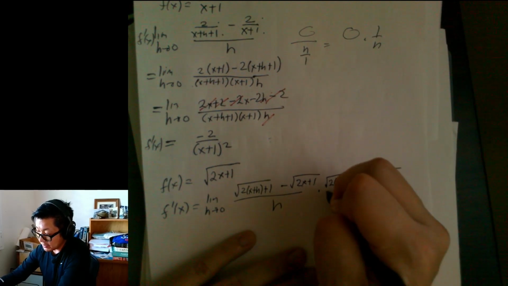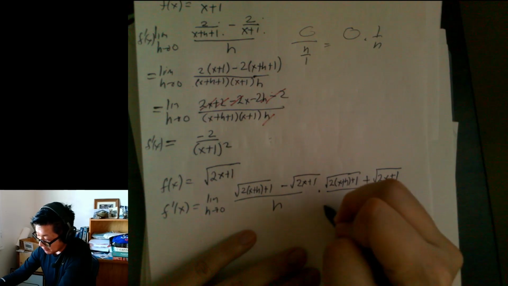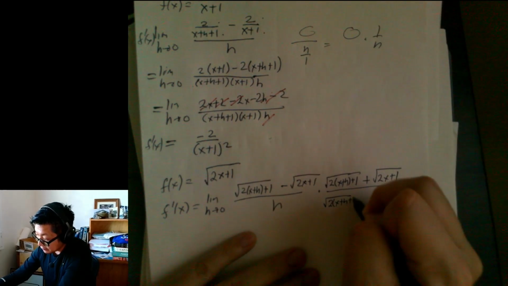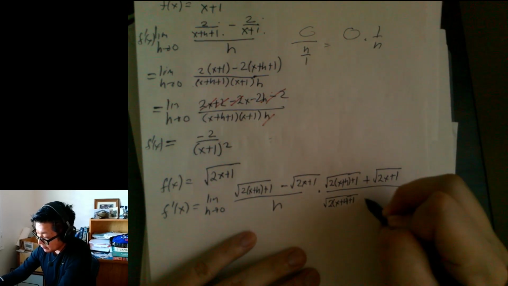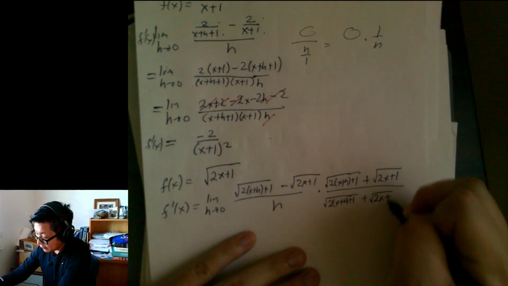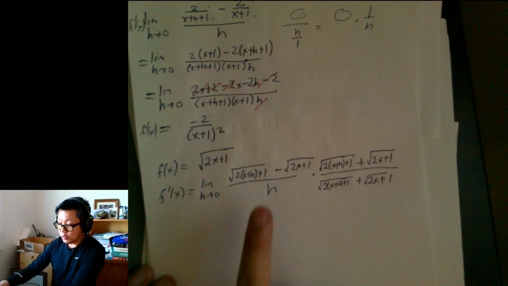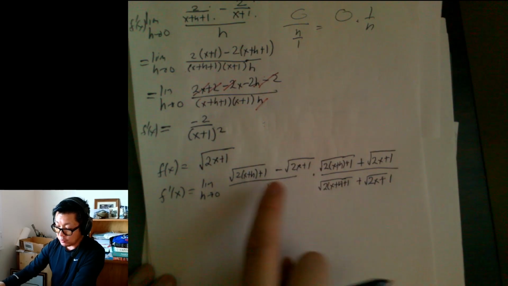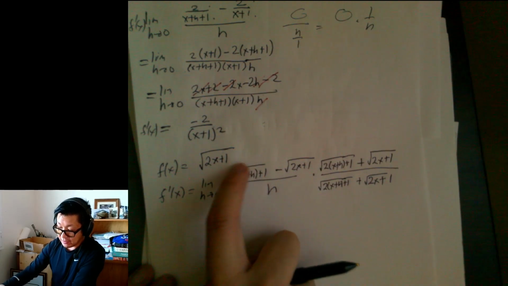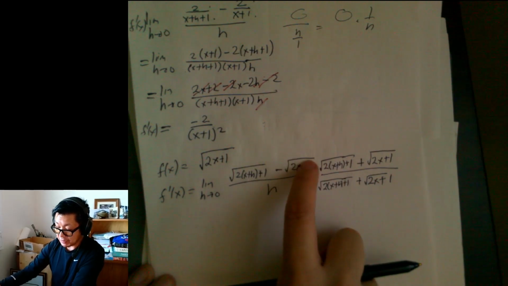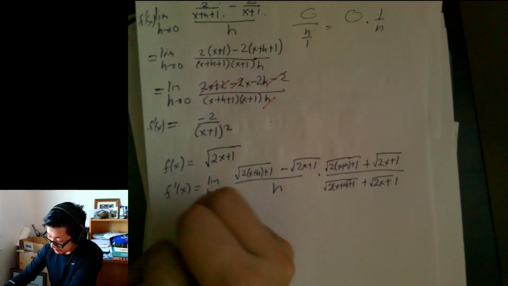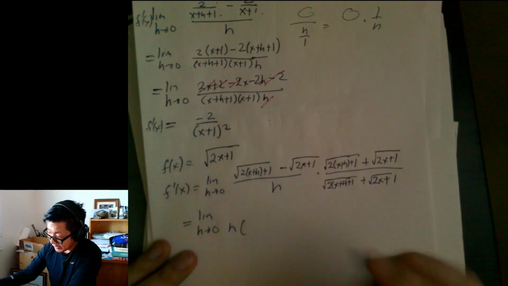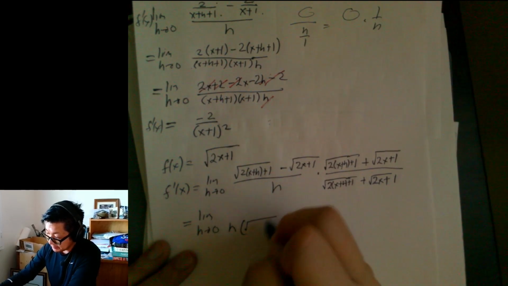Which should be a familiar technique from limits involving radicals. You are taking advantage of the difference of squares formula by doing this, which will allow you to write basically this squared minus this squared. Again, do not distribute the denominator.